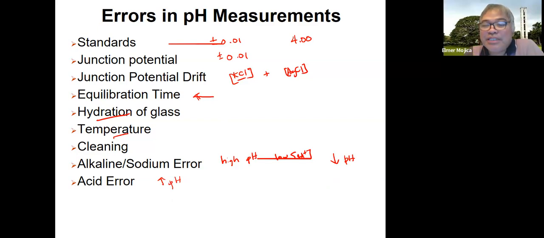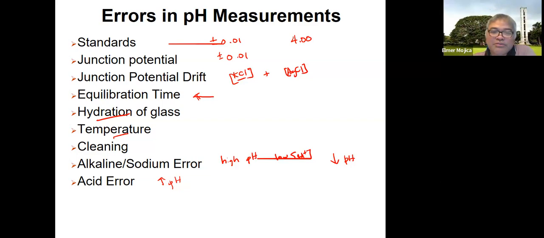So acid error, you have a high H plus, so the measurement of pH is higher than the glass pH. Usually, what happens at high H plus or low pH? Ano nangyayari dun sa glass? Based on Chem, pag masyadong madami kang ano doon, the glass becomes saturated with H plus.